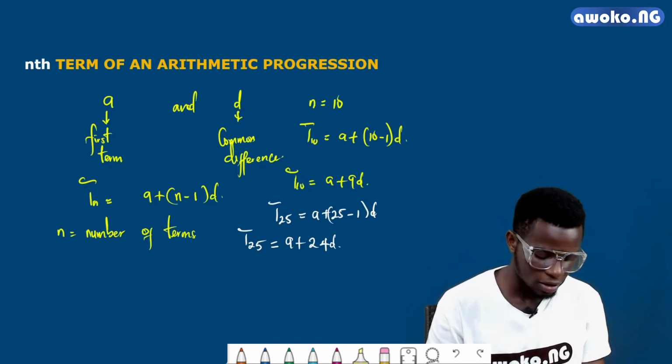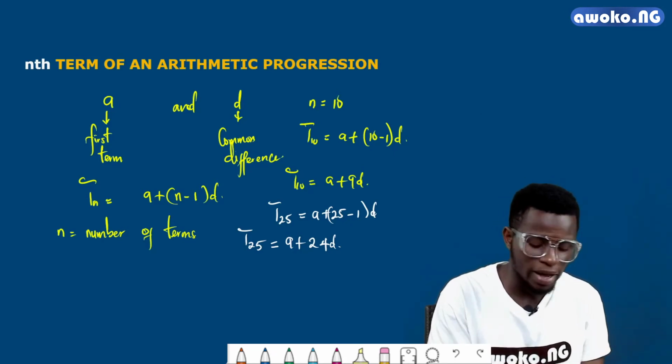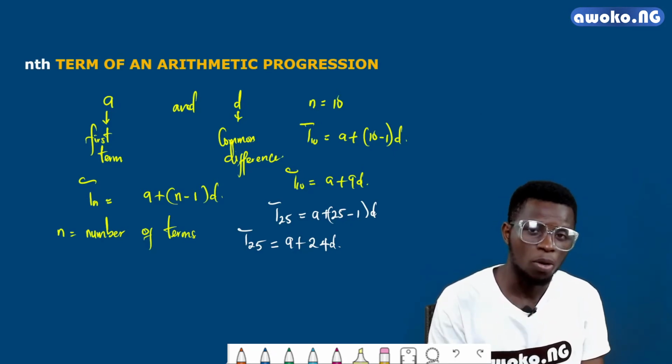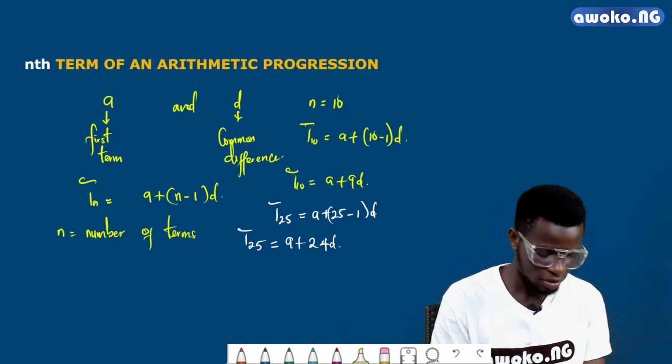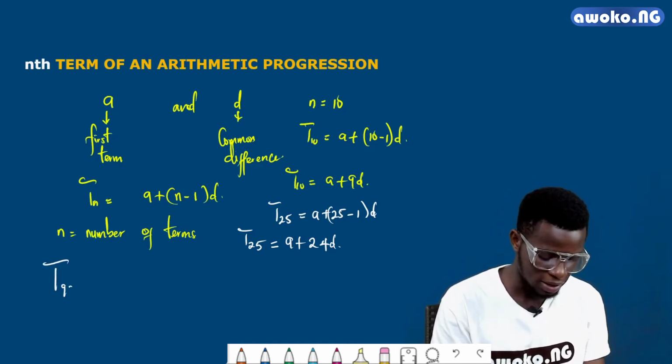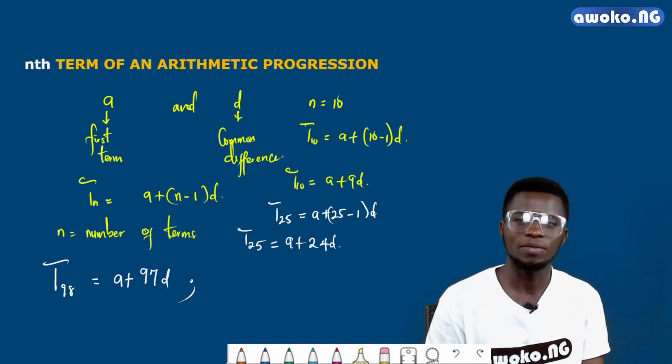Therefore, if you're asked to find the nth term, what you're going to do is subtract 1 from the number of terms given, multiply it by the common difference, and then add to your first term. So if you're asked to find T98, T98 will give us A plus 97D.